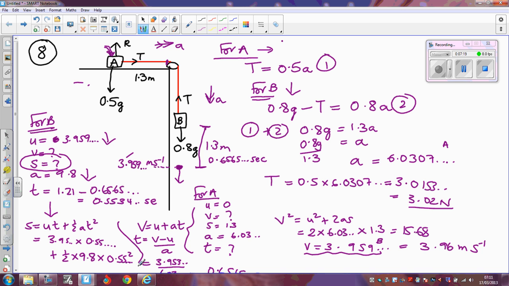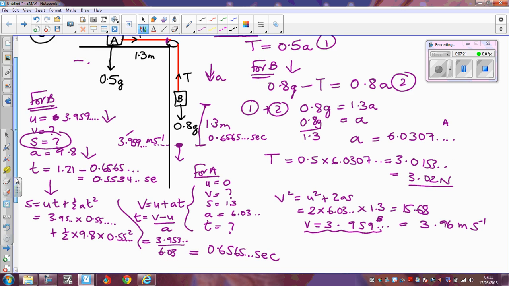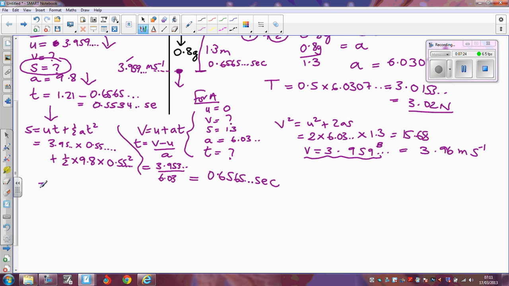With all those numbers saved in my calculator memory, that comes out as 4.9919 and so on. In other words, 4.99 metres.